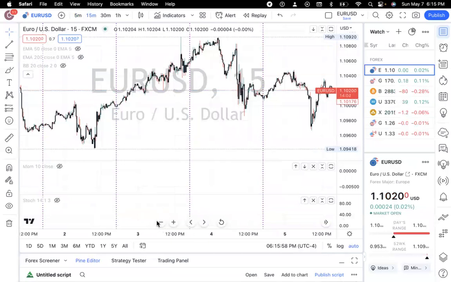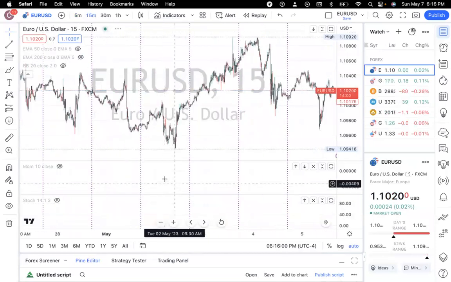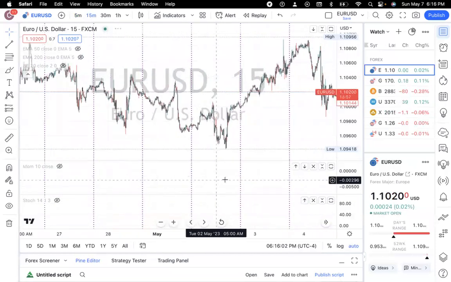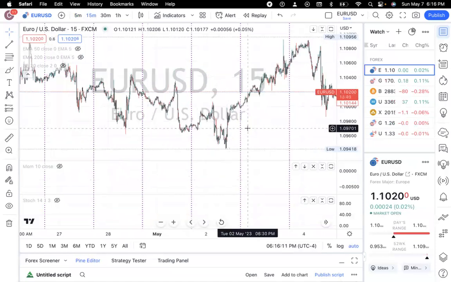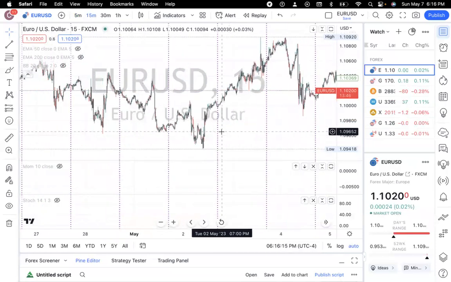You can do a naked eye analysis before you start adding indicators to your chart. Personally, I like to trade with the more naked chart simply because once you add the indicators, they're only confirming what you're seeing. They're not adding anything new.